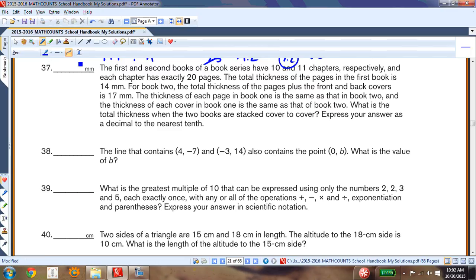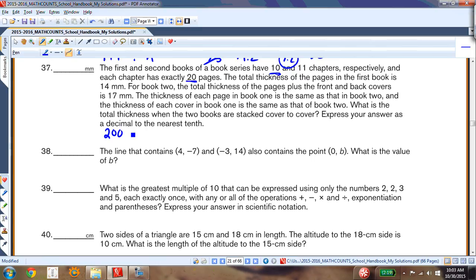What is the total thickness of the 2 books stacked cover to cover? Okay, so I know that the first book has a thickness of 14 millimeters, the pages, and there are 200 pages in the first book. That's because it has 10 chapters, and each chapter has 20 pages, so that's 200 pages.